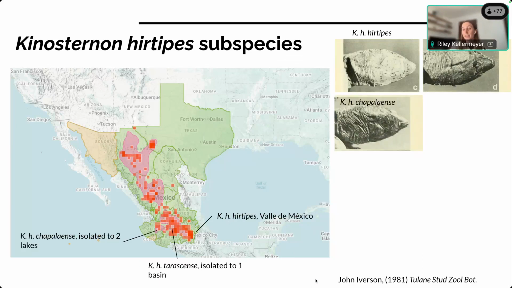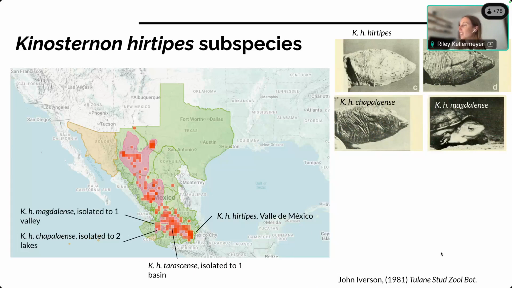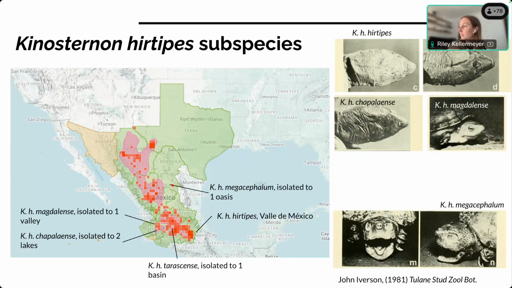We have KH chapellense, which are found in just 2 lakes, down in Jalisco. Magdalens, found in a single valley, also down here in Jalisco.